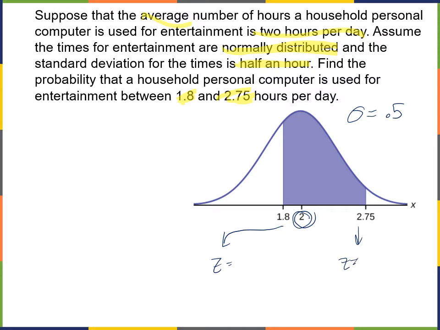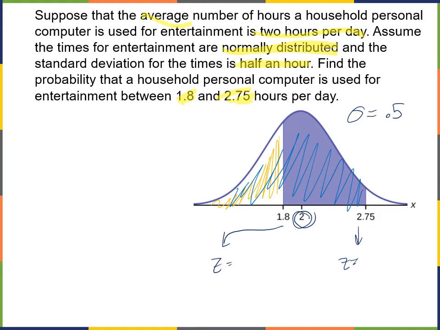I will then be able to use my table to find the area to the left of 1.8 as a z-score and area to the left of 2.75 as a z-score. Okay? I can't just look up 1.8 and 2.75 as hours of entertainment in my table because those are just random values based off of hours.